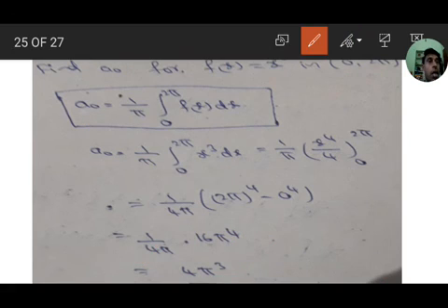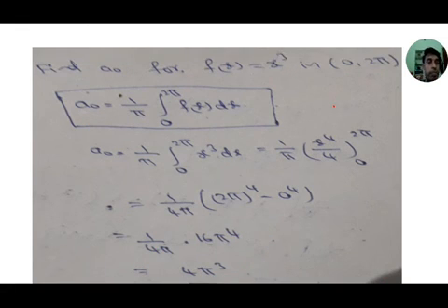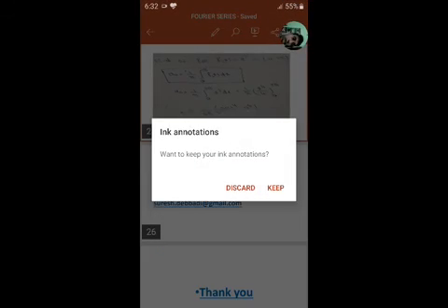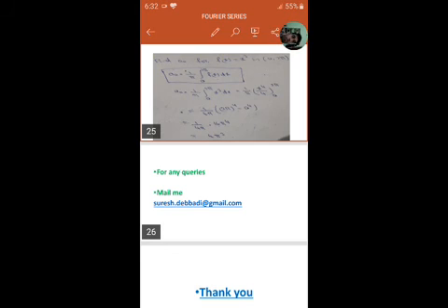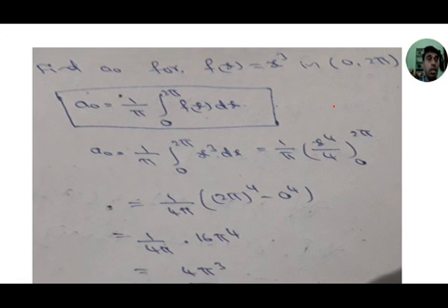Up to now we discussed the Fourier series definition, Euler's formulae, Dirichlet's conditions, and problems. What is the Fourier series? F of x equal to a naught by 2 plus sigma n equal to 1 to infinity a n cos nx plus sigma n equal to 1 to infinity bn sin nx.